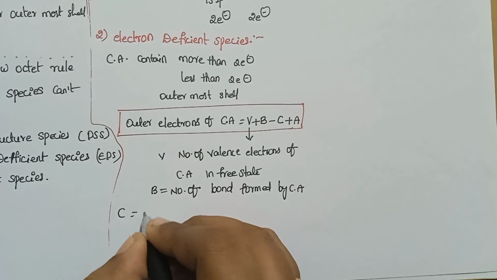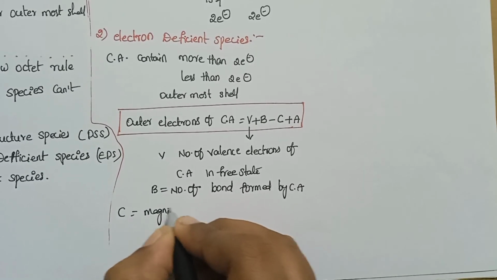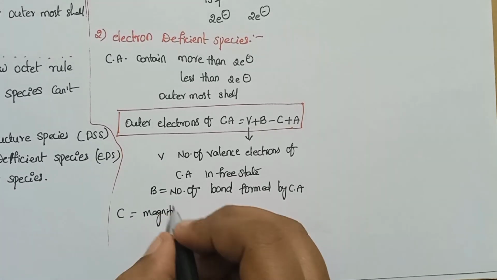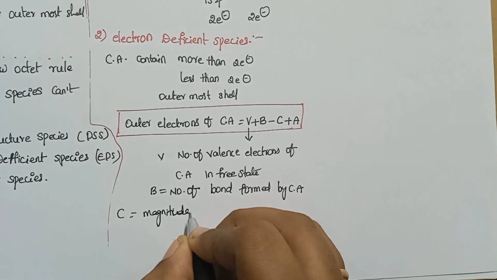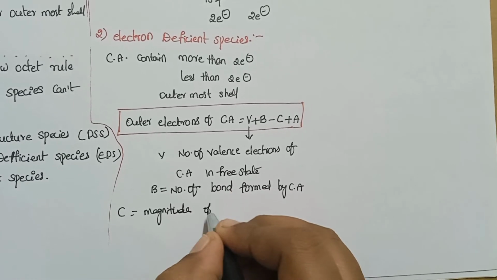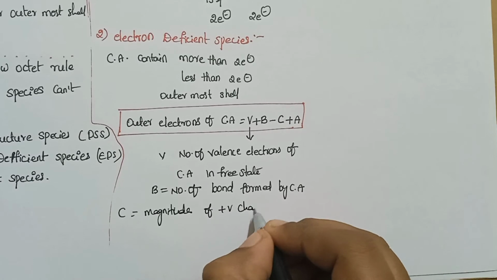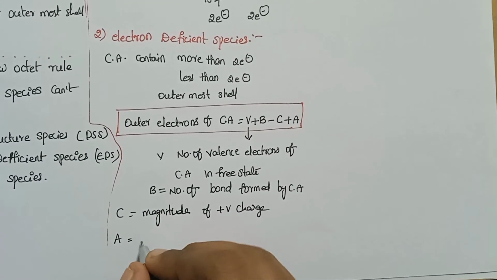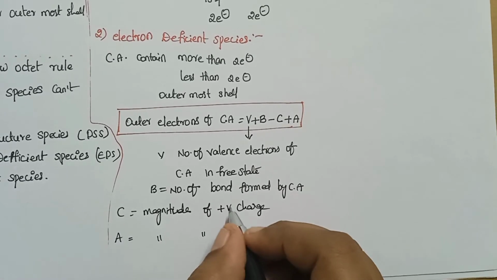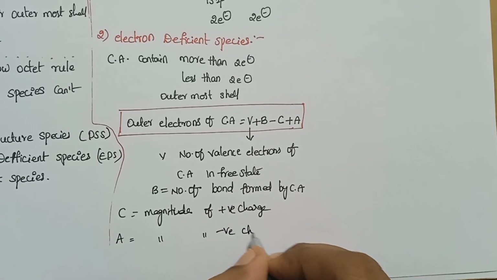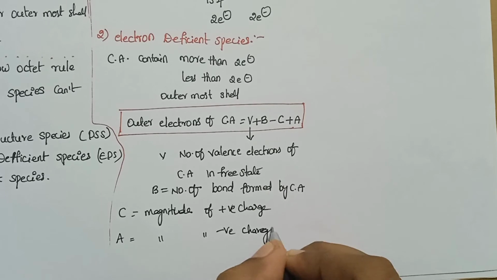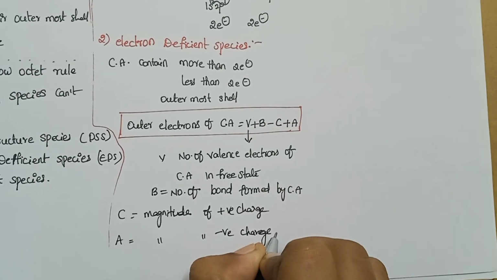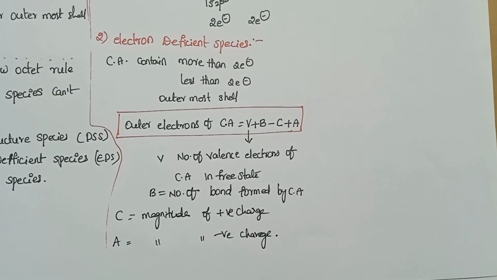C is magnitude of positive charge. A is magnitude of negative charge. So now we take an example.